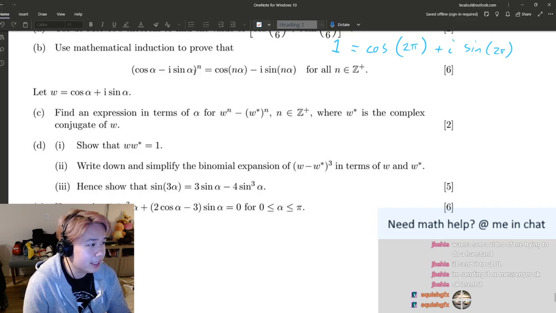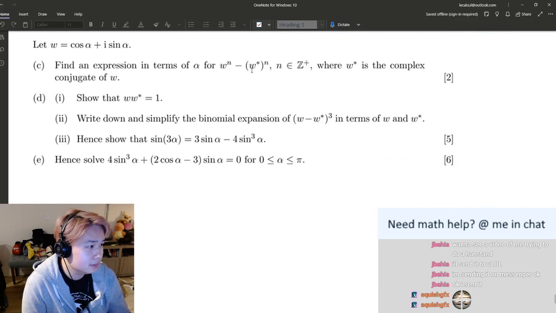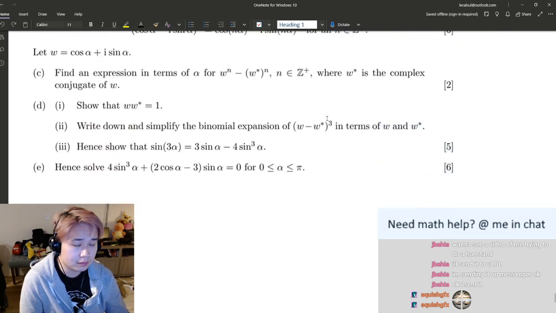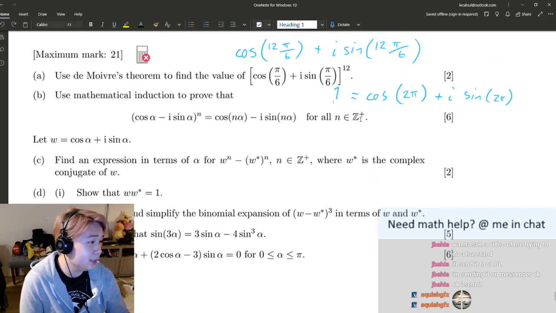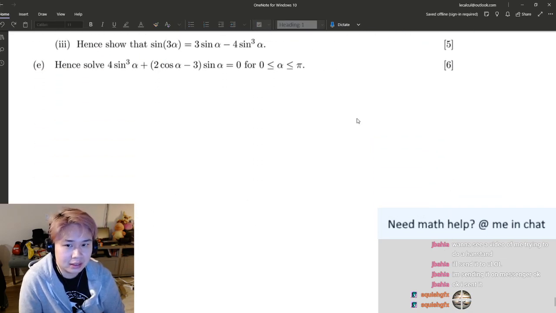Okay, and then we use mathematical induction to prove this. Okay, so mathematical induction. For n being positive integers, we have a base case, and we need to prove this.